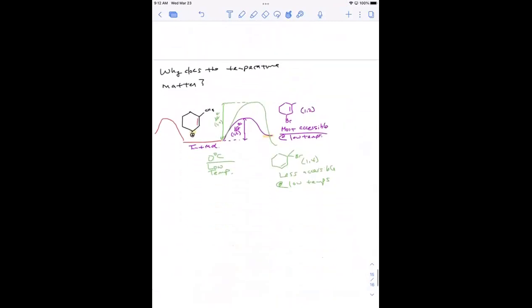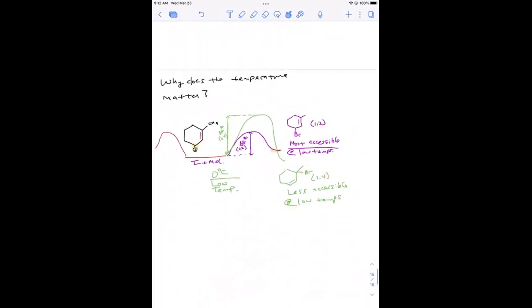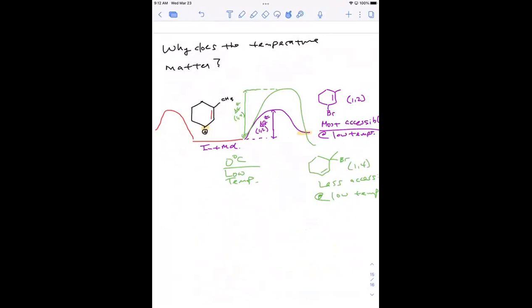And we talked about this scenario where you start at the intermediate and then you have basically a competition between the 1,2 and the 1,4 product. And at low temperatures, we said that this was irreversible.